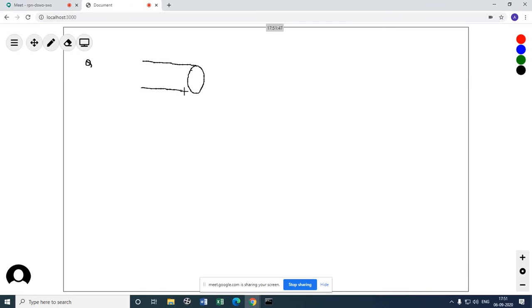This is a conductor. Got it? The question says, give the variation of magnetic field.